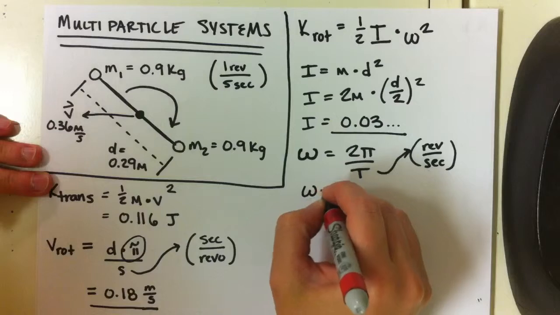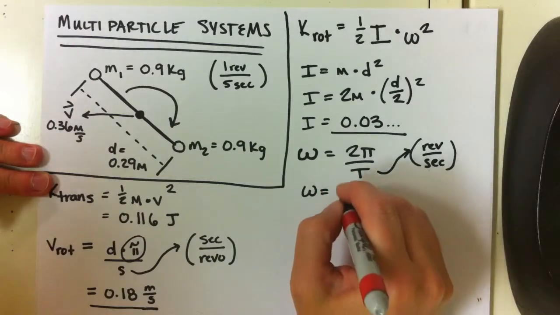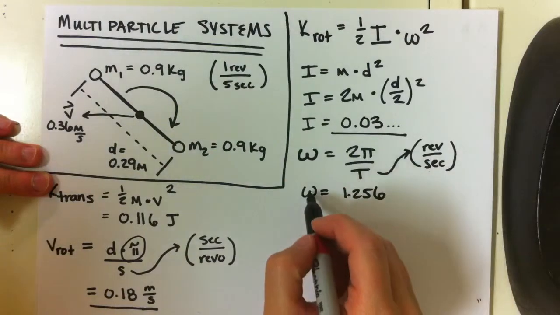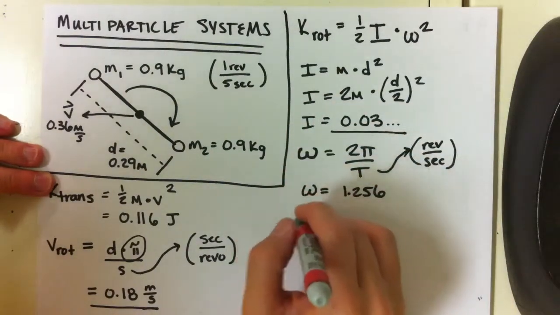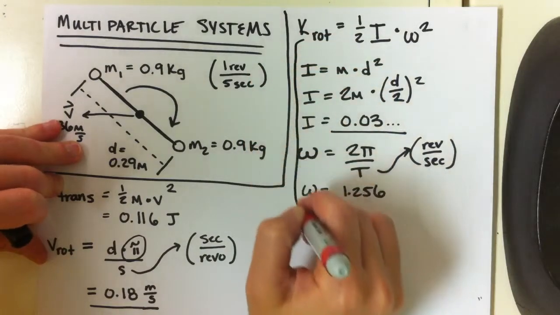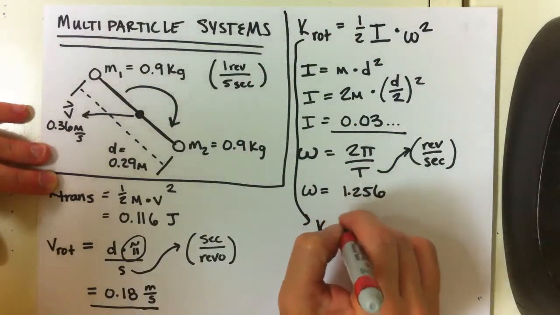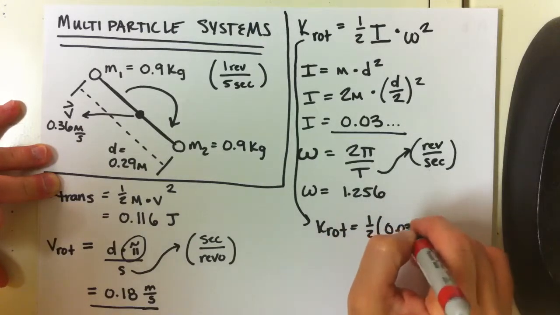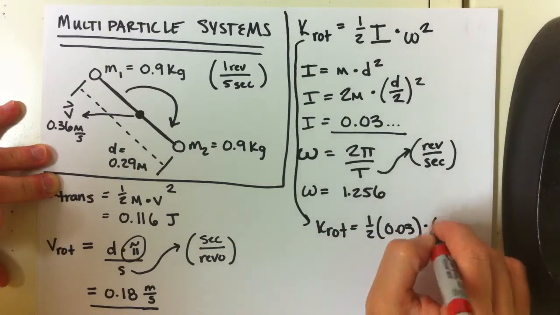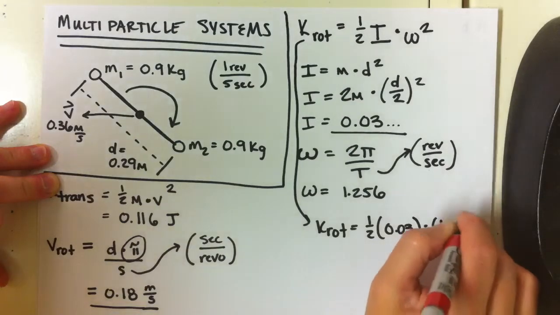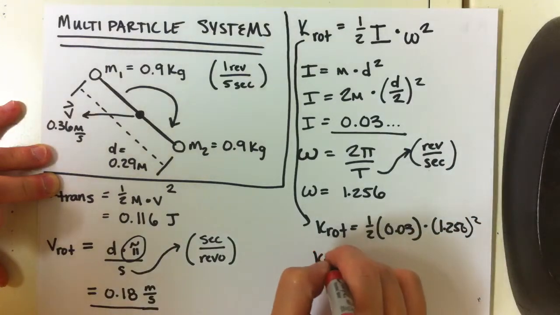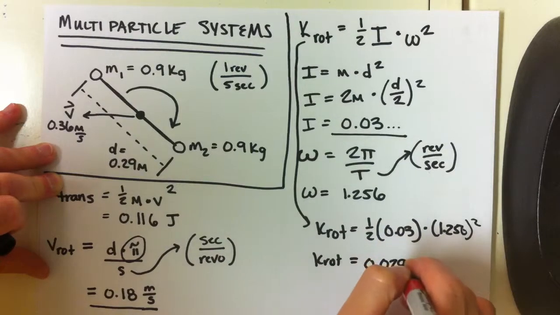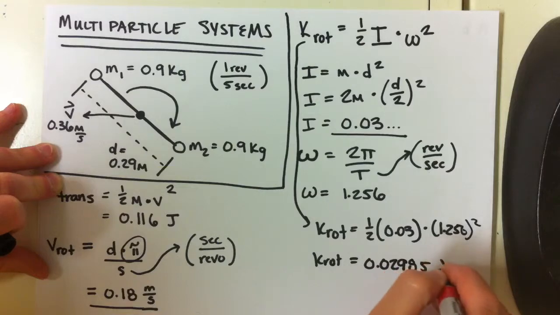So our omega is equal to 1.256. Now, plugging our omega and our I into our equation, K rotational is equal to 1/2 the moment of inertia times our angular velocity squared. And that'll give us a K rotational equal to 0.02985 joules.